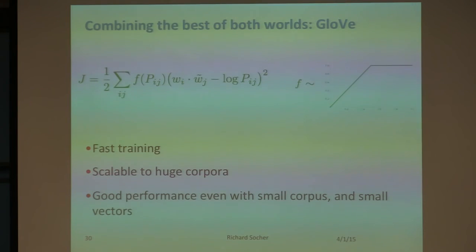It also gives very good performance, even with small corpora and on smaller vectors. So it's statistically very, very efficient. It's a good exercise for you at home to try to derive the derivatives for this kind of model. Once you can do that, you know you're up to speed for this level, and moving forward, you'll have an easier time.